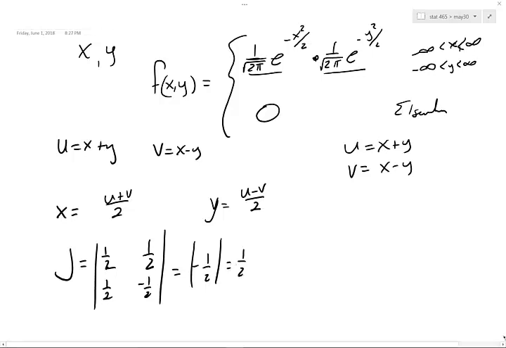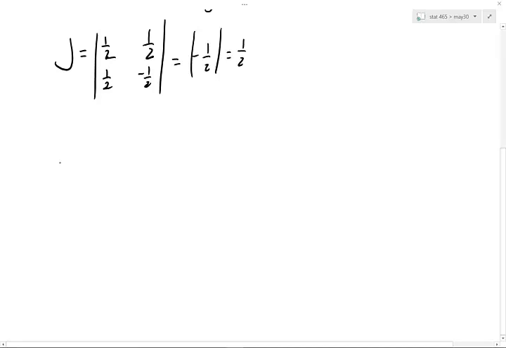So what am I going to do? I'm going to come up here and take my function of x and y and make it a function of u and v.